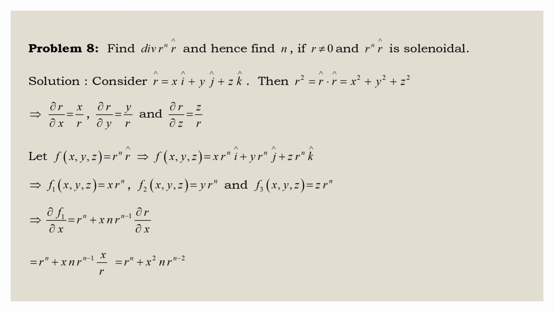This equals r^n plus x n r^(n-1) ∂r/∂x. Here we have to substitute the value of ∂r/∂x. Then ∂f1/∂x becomes r^n plus x n r^(n-1) x/r.